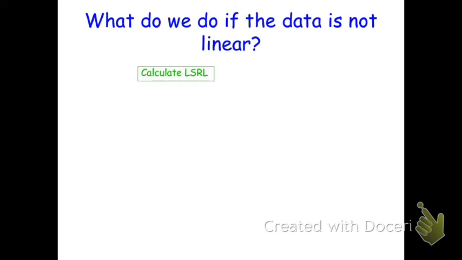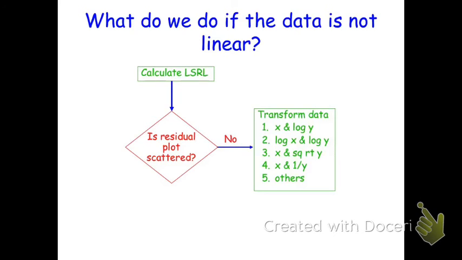So basically, calculate the LSRL. Is the residual plot scattered? If not, it gets transformed to one of these types of equations. It's kind of trial and error until you get to a point where the residual plot is scattered.